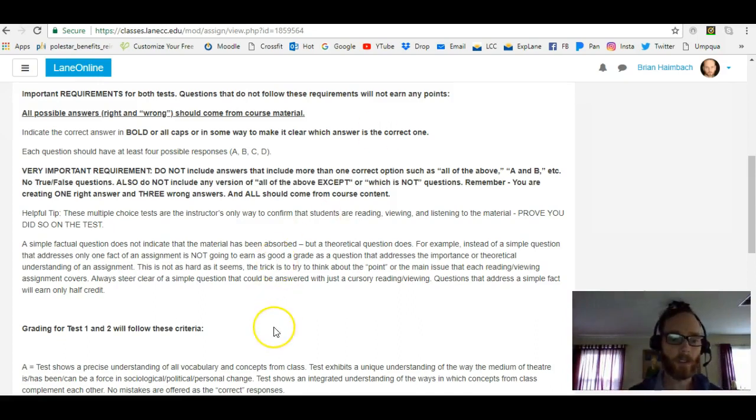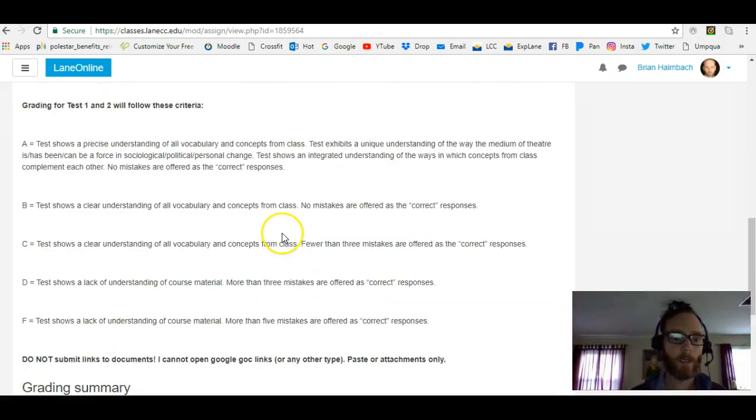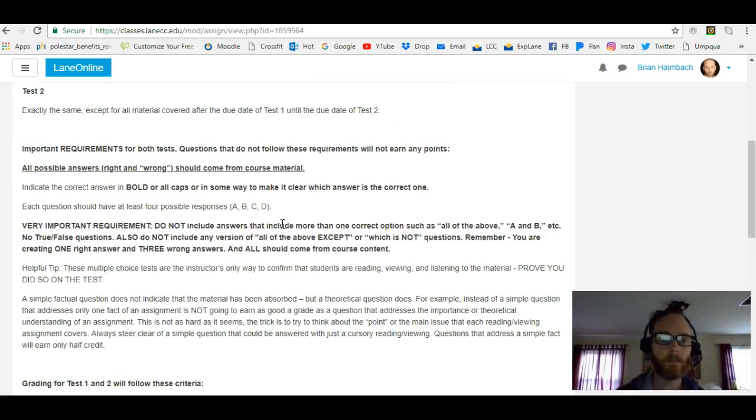In addition to the written work guidelines that I've talked about before. So, very important. All your possible right and wrong answers should come from course material.